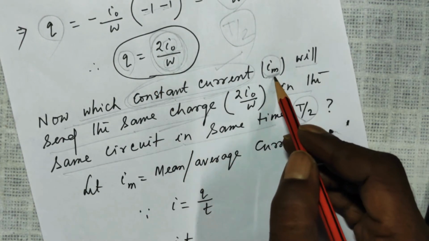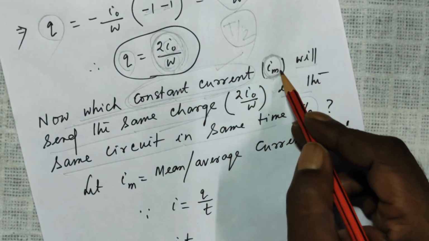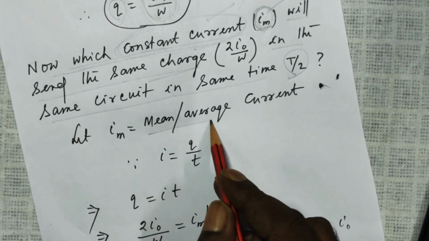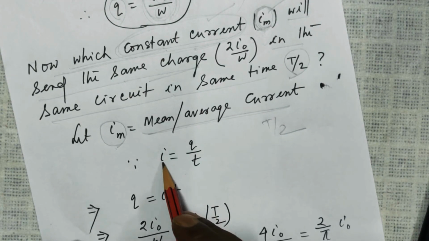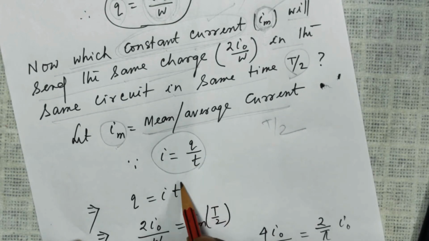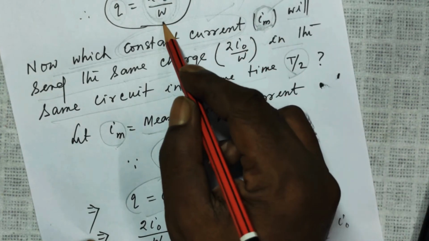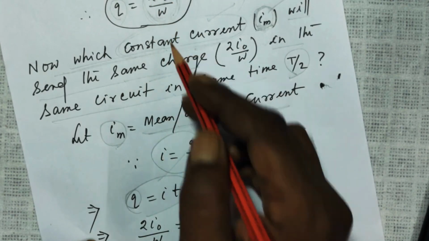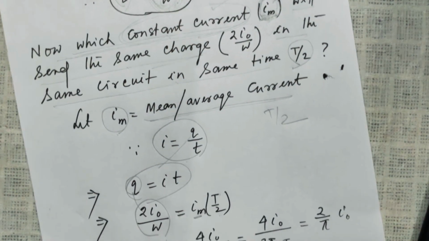So now suppose this constant current sends this charge in time T by 2. Let us find out how much is this mean current. Let Im be the mean or average current, which will send the same charge in time T by 2. We know I is equal to q over t, so cross multiplying, q is equal to I t. If this constant current is sending the same charge, therefore for q I can substitute 2 I naught by omega. 2 I naught by omega is equal to I mean into T by 2.